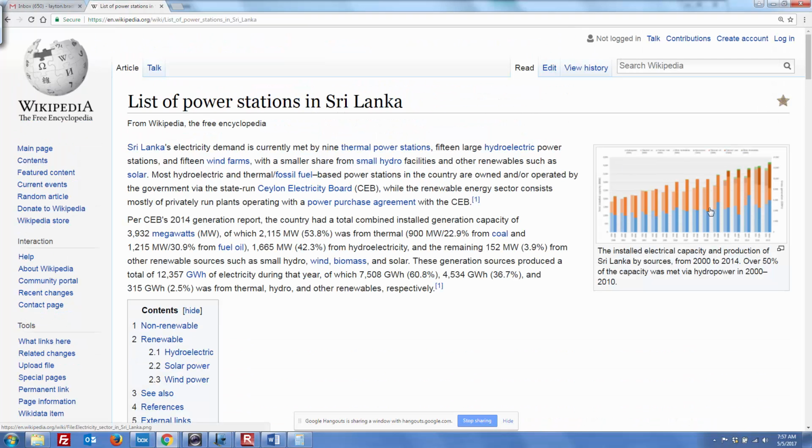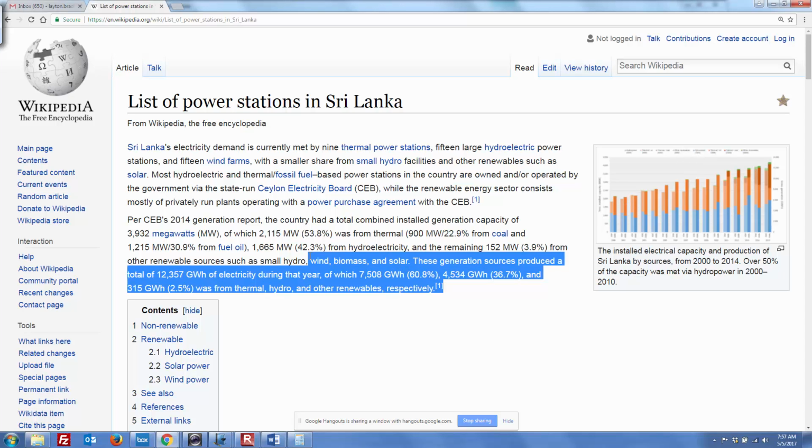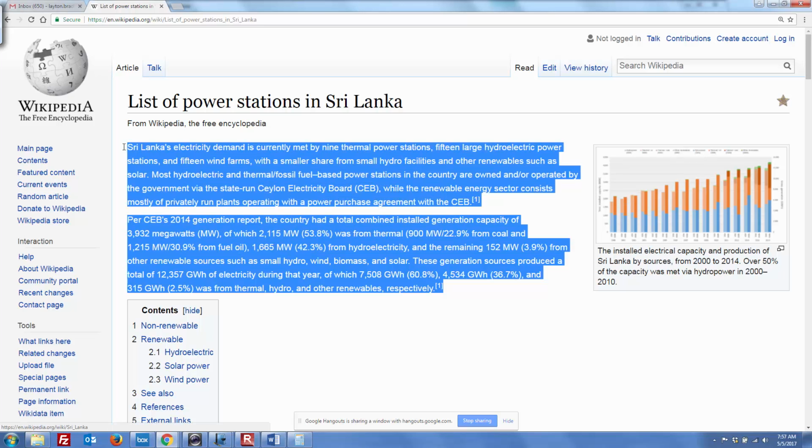There's some blue, some red, some orange. Do you see this? Yeah. Okay, good. So what I would like to do now is I'm also educating myself a little bit because I don't know a lot of this, but this was my question for you: where does Sri Lanka's electricity come from?